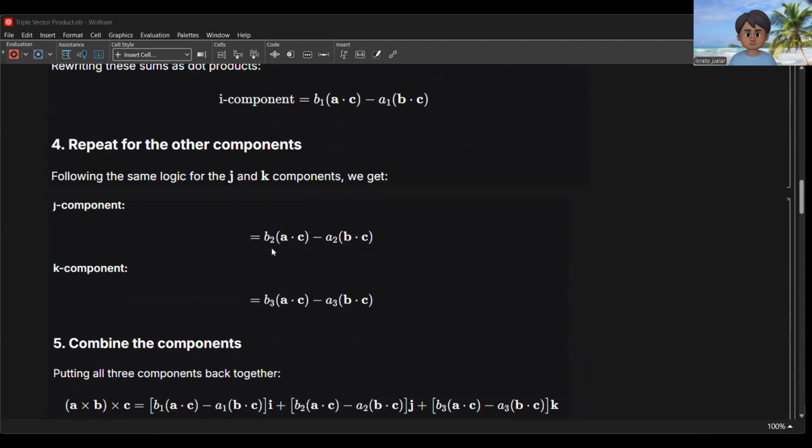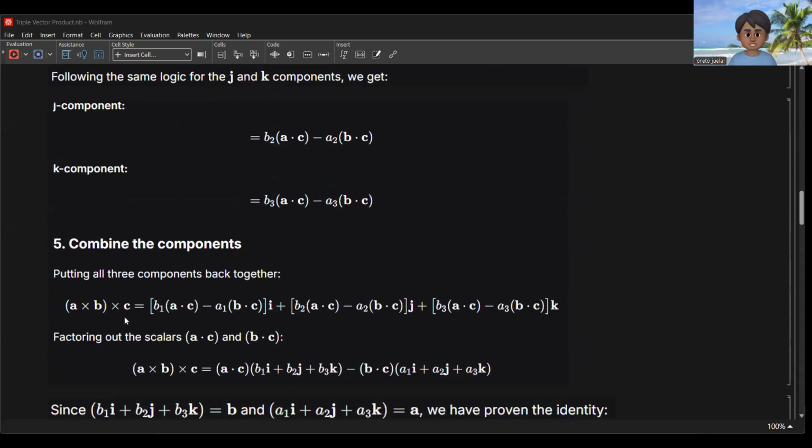We get B2 times the dot product of A and C minus A2 times the dot product of B and C. For the k component, we have B3 times the dot product of A and C, minus A3 times the dot product of B and C.